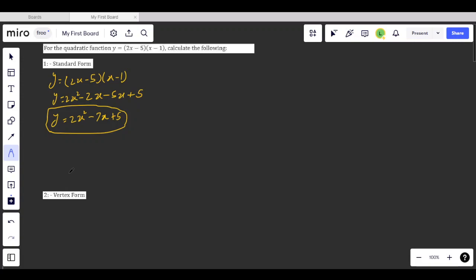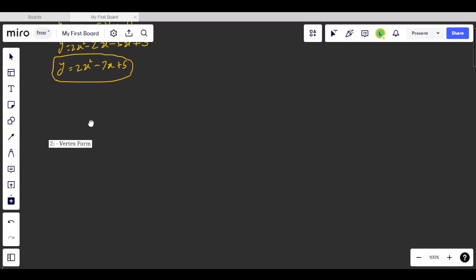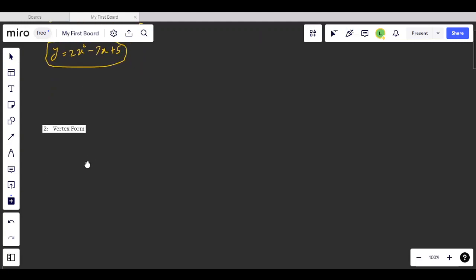Now we will find the vertex form of the function. For vertex form we need to use the standard form, that is 2x squared minus 7x plus 5. So let's write it down.